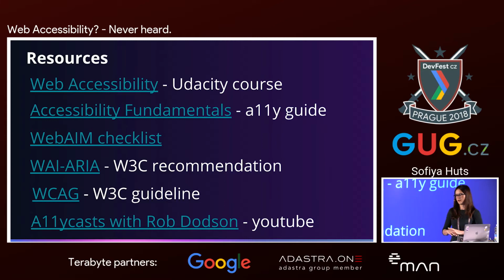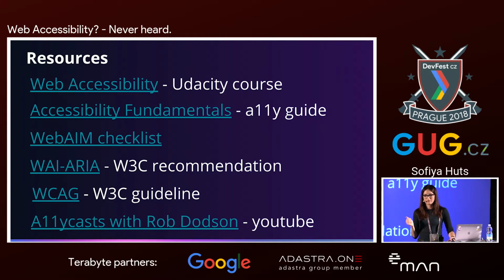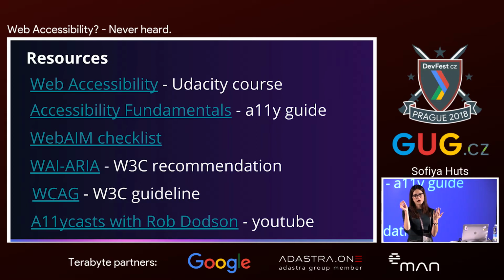And here I want to share a bunch of great resources, like the Udacity course about web accessibility. It is free. Also, there is a cool guide on Chrome Developers, Accessibility Fundamentals, that covers the key points. The website I mentioned before is called WebAIM, Web Accessibility in Mind, and they have a great checklist, so you can take your website, take the checklist, and cross off what you comply with and what you don't.